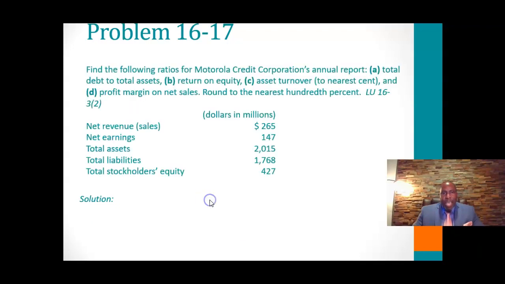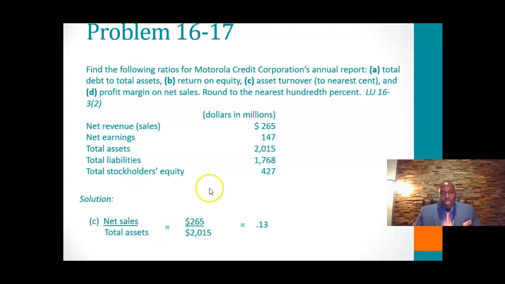Next ratio is called the asset turnover ratio, which is net sales divided by your total assets. This focuses on the use of assets in order to earn sales for the actual business.